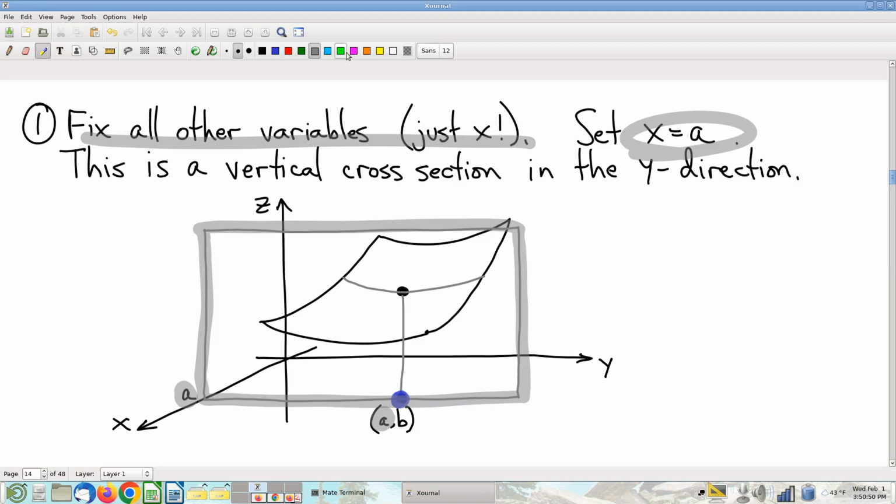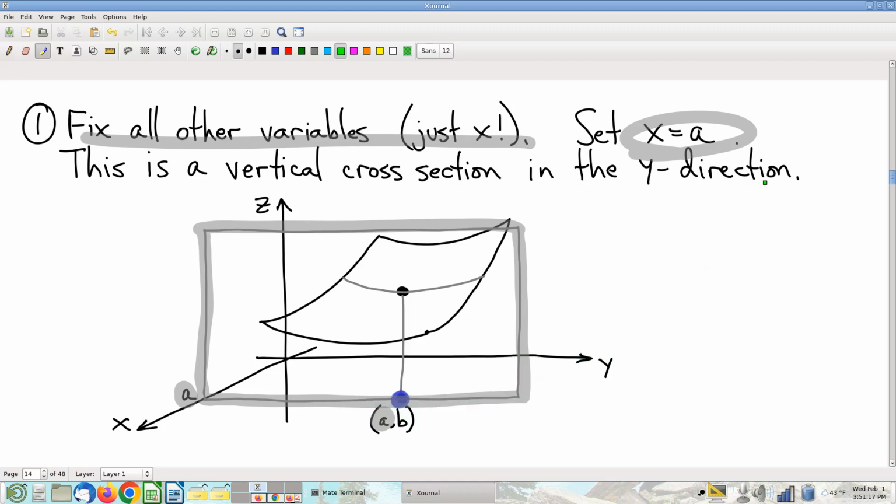Notice, now this is a little bit awkward. It's easy to get this confused, I'll say that. It's x that we're setting equal to a constant, and as a result, our cross-section plane is pointing in the y direction. So it's easy to get that backwards. Heads up, be careful about that.